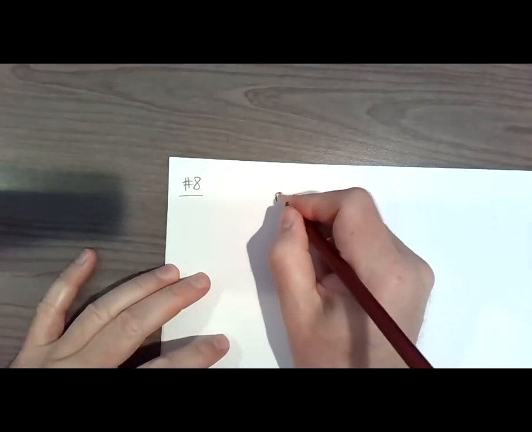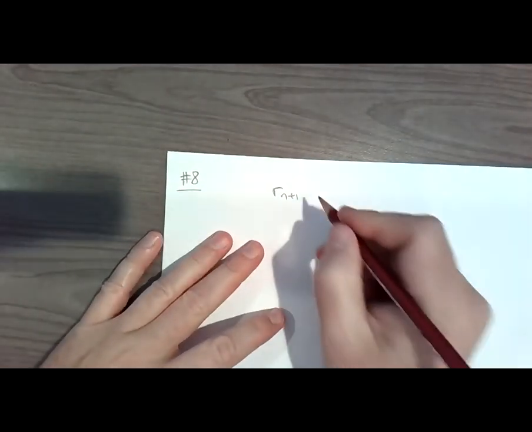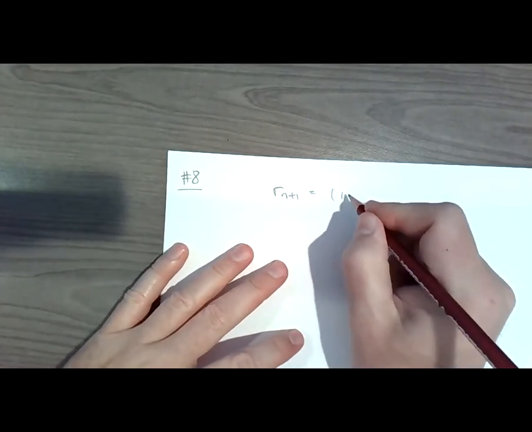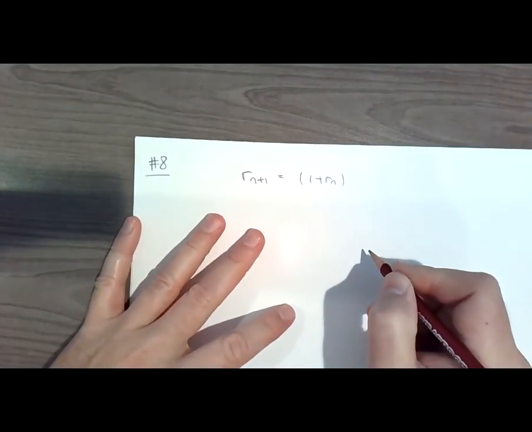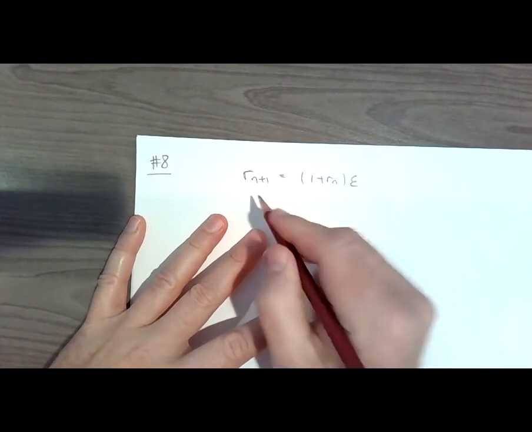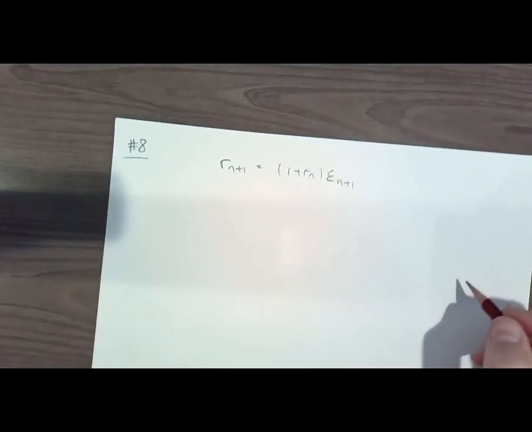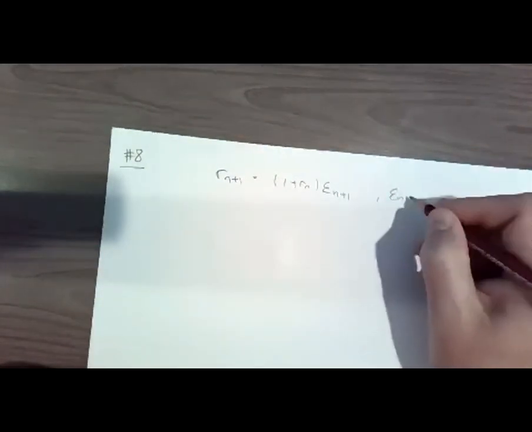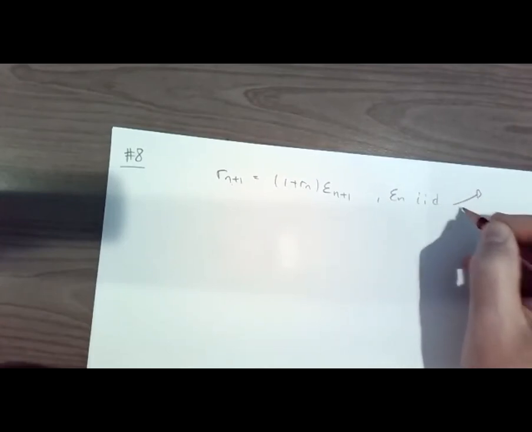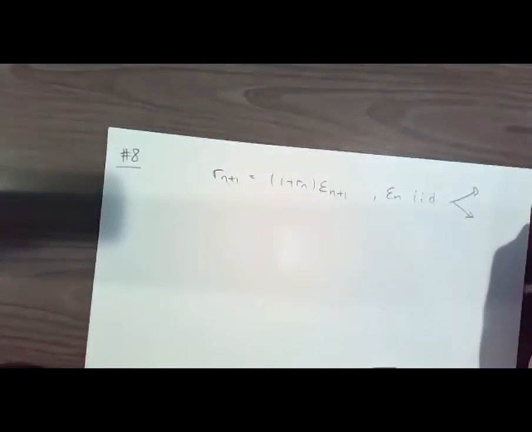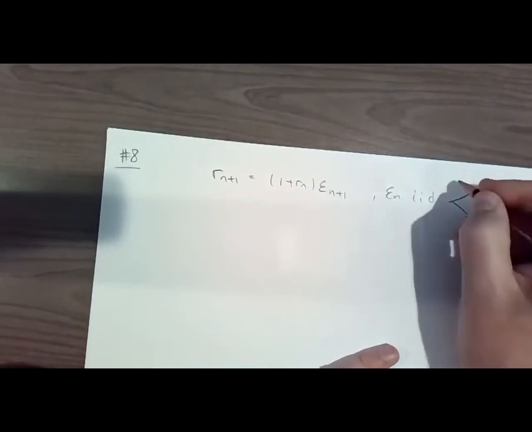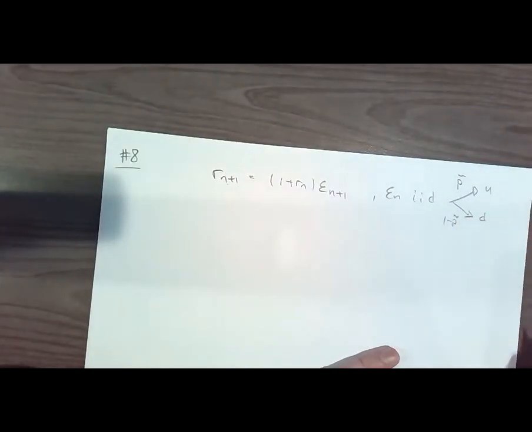Okay, so how do we work it out? Well, there's this conditional expectation that has to be computed. So let me just copy the model. It's the Rn plus 1, that formula for the interest rate that is going to drive everything. In this model, the next one is given as 1 plus the previous one times these coin flips, epsilon n, the IID, and they go up and down with U and D, with probabilities P tilde and 1 minus P tilde.